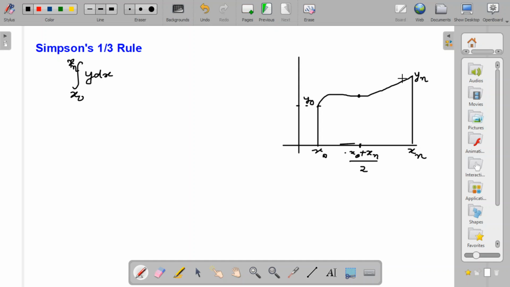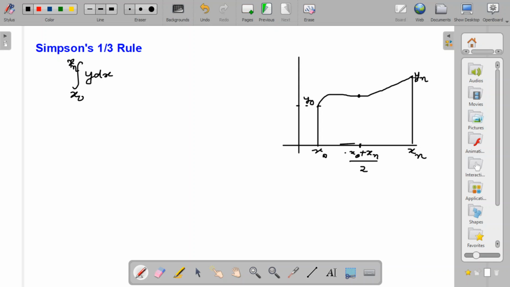Okay, so basically what is happening is that when we assume a second order polynomial which passes through these points, I can say that the value of the assumed second order polynomial at the point x0 is y0 itself. At the point x0 plus xn by 2 it is the value of our original function itself.